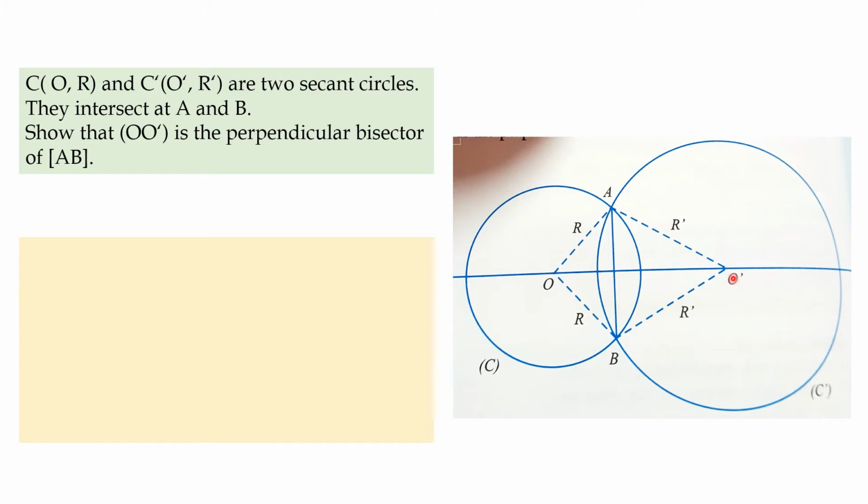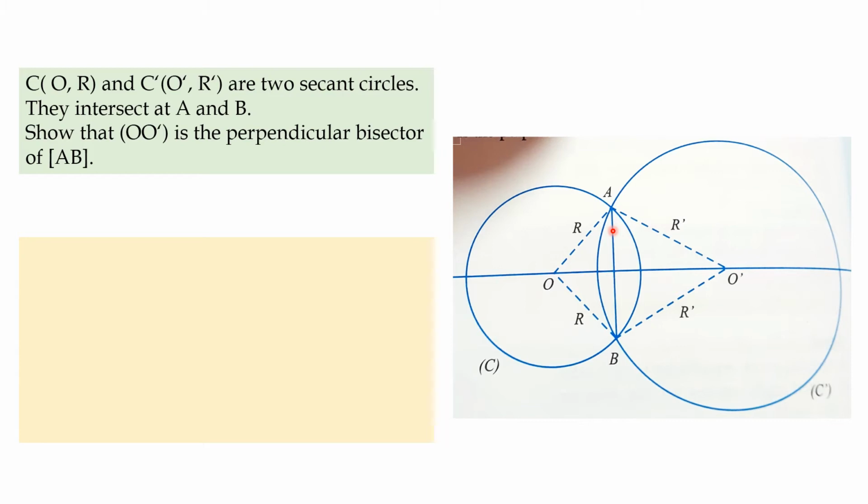Its center is O prime and the radii O prime A and O prime B. These two circles intersect at 2 points, A and B. What's required to prove is that OO prime is the perpendicular bisector of AB. This is the segment OO prime. I have to prove that it's the perpendicular bisector to AB.